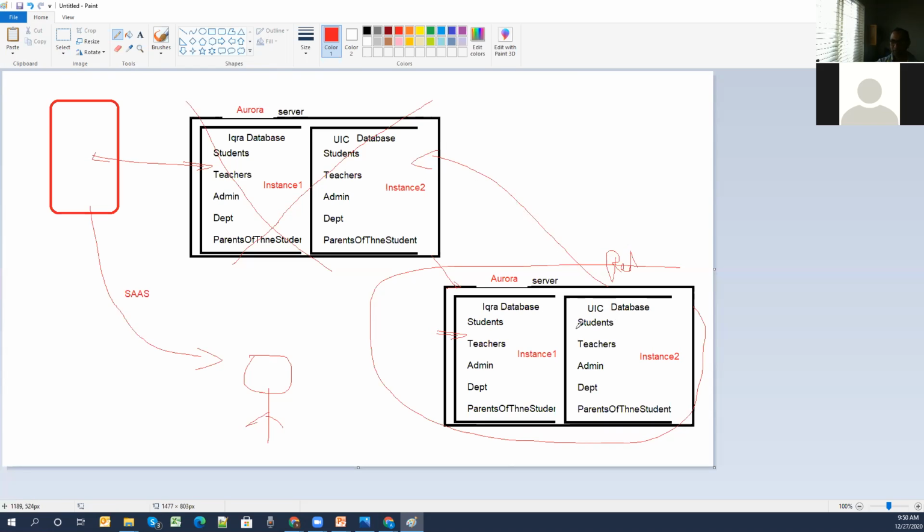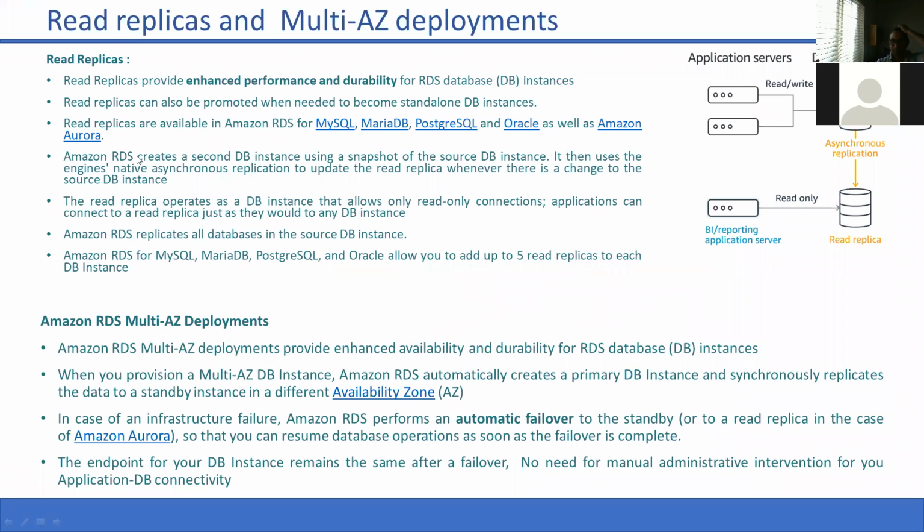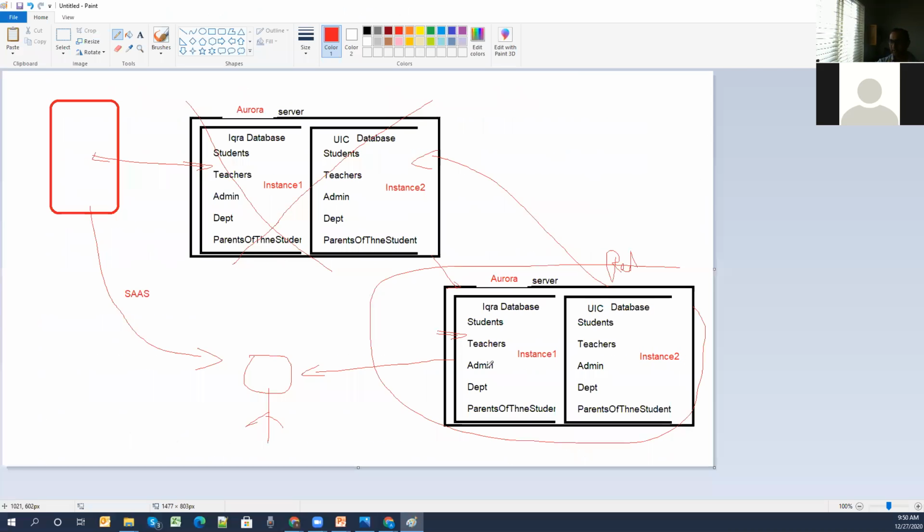Now the advantage of having a read replica is you can directly access the data from here also. Read replicas can be promoted when needed to become standalone databases. So there is an asynchronous replication. Now remember, this is only a read-only database. You cannot update here. If you want to update, you need to update in the primary database.